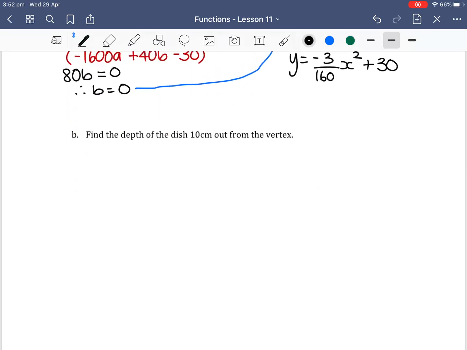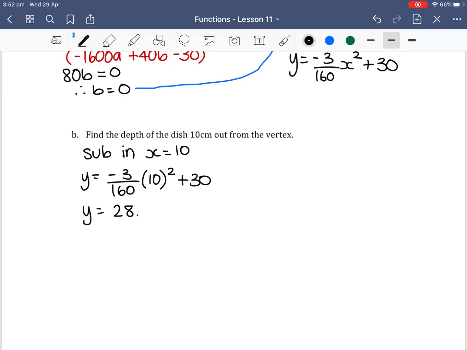So we're going to sub in x equals 10 into our equation that we've just found. So we will get y equals minus 3 on 160 times 10 squared plus 30. And we can enter that straight into our calculator. And when we do, we get y equals 28.125 centimeters.